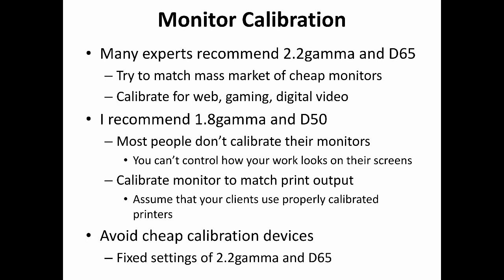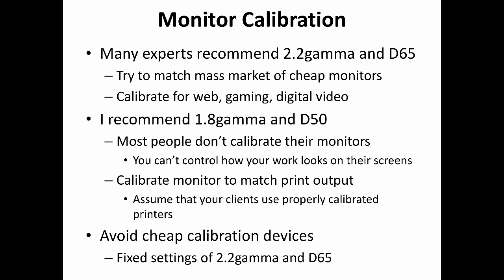So what they're seeing could be all over the place. No matter how much you try to control what they see, you really don't have any control over what they see. They're going to see all sorts of crazy colors because their monitors are all over the place. They're inexpensive. They're not calibrated at all. So you can't control that.